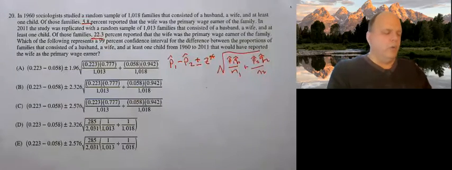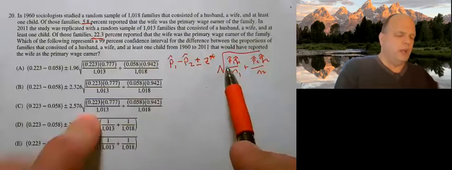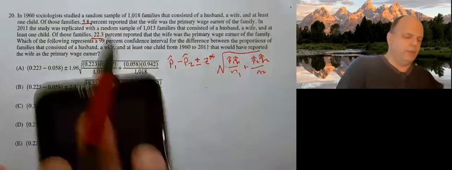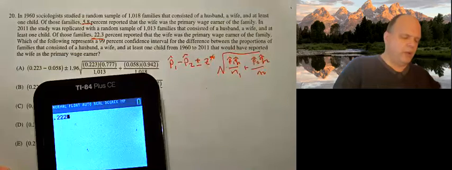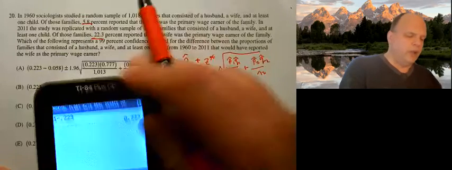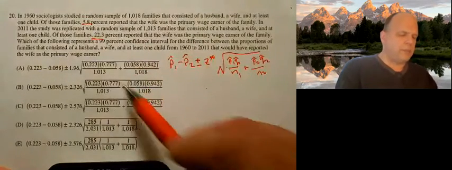All right, so we notice that they're calling P hat 1 0.223. So 0.223, and 1 minus 0.223 equals 0.777. So there's where the 77 comes from. All right.